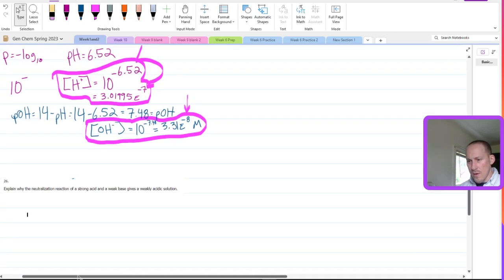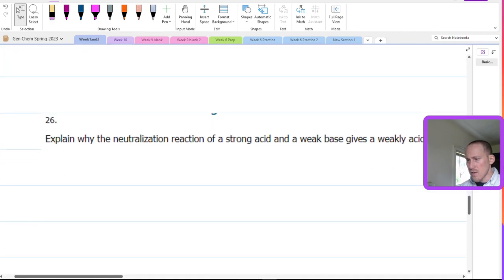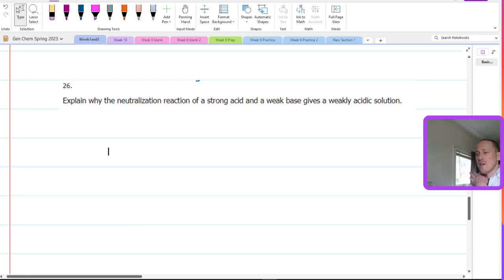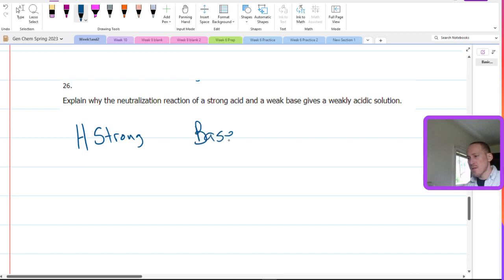So, explain why the neutralization of a strong acid and a weak base gives a weakly acidic solution. The basic idea is this: if you have a strong acid, let's call it H strong, and you have some sort of base, let's call it base minus.